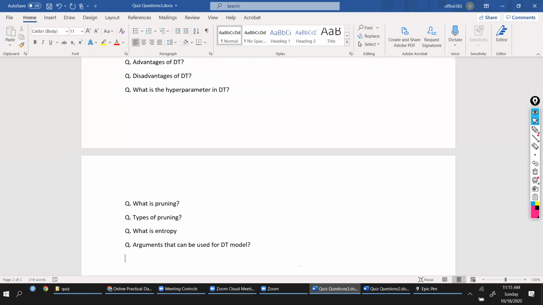All right. Let's now look at, okay, how do you improve decision trees accuracy? Pruning, okay.